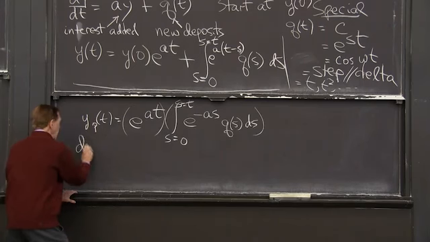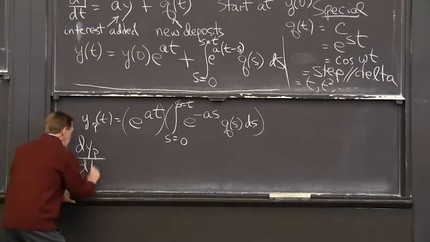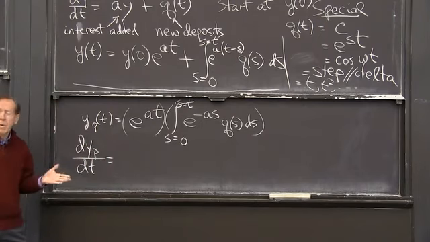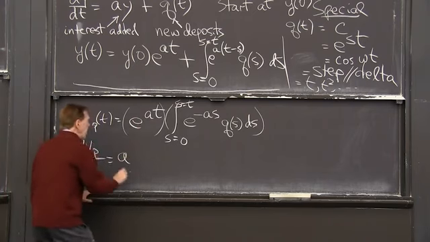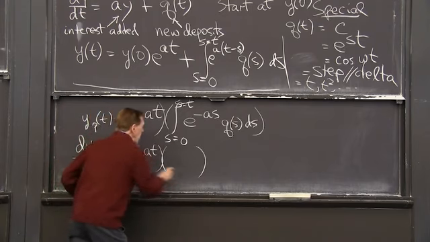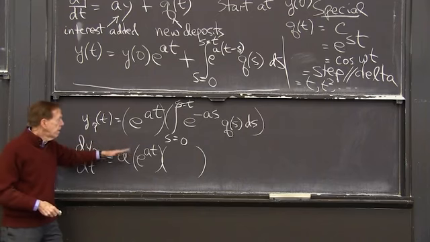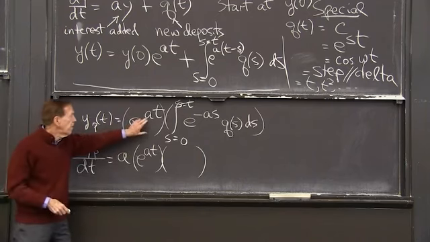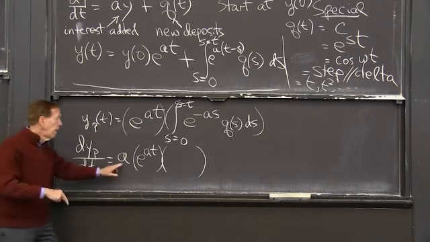So now I'm computing dy dt by ordinary calculus. The derivative of that is a e to the at times the second term. That's just ay, because the derivative of e to the at by the chain rule brings down an a.